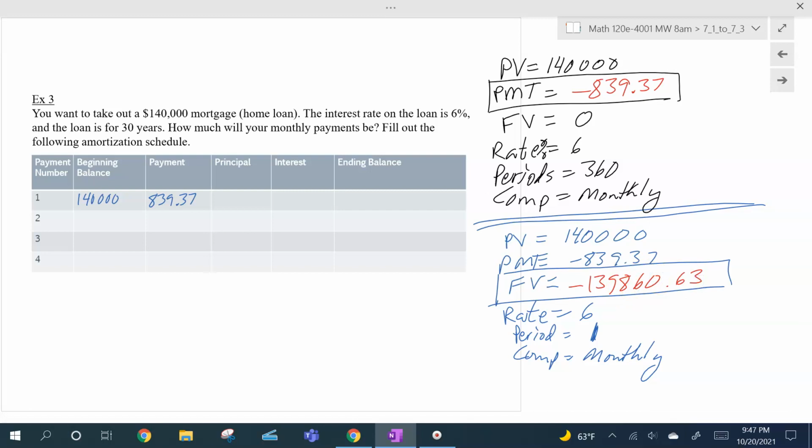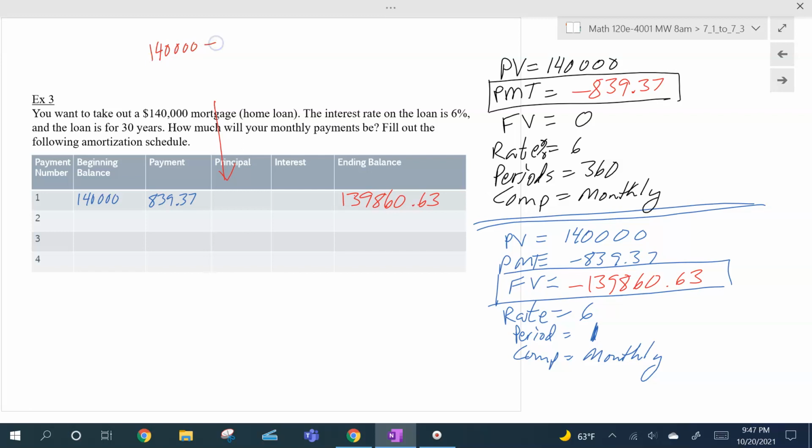That's how much we owe. That's the ending balance after one payment, 139,860.63. Okay. So how much principal was that? How much went towards the loan? So the principal would be, well, I started out owing 140,000 before I made my payment.